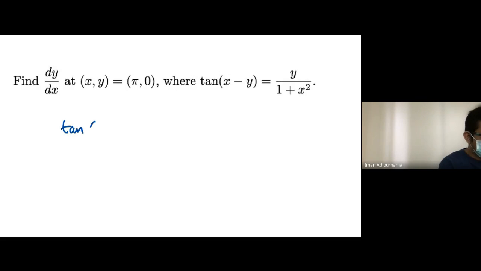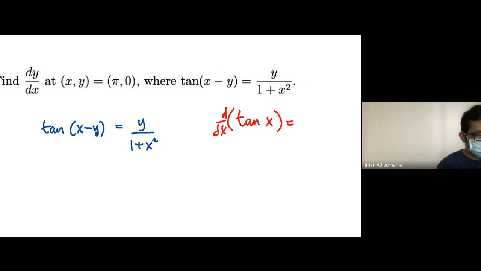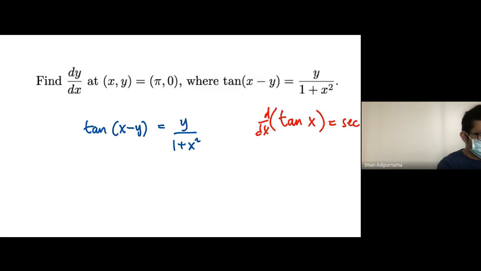Tangent of x minus y. If you have tangent x and you need to derive, this will be secant squared x, right? Here we have x minus y.